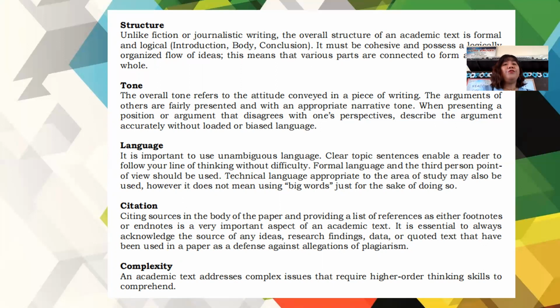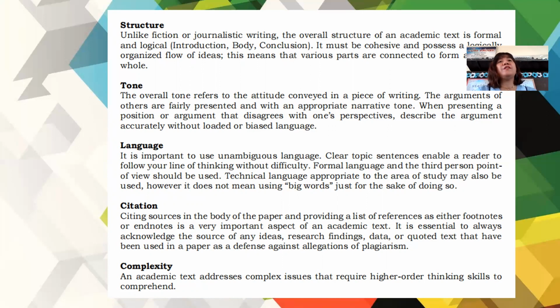So the tone for the academic text would be unbiased and non-discriminatory, meaning to say we're not discriminating anybody in terms of gender, in terms of race, and in terms of ethnicity. Okay? Moving on, language.